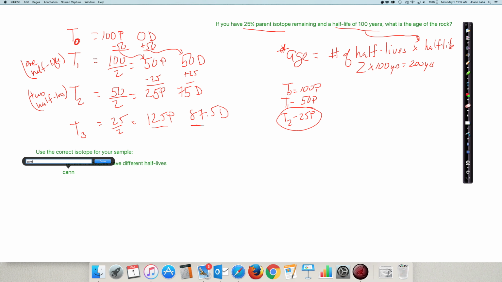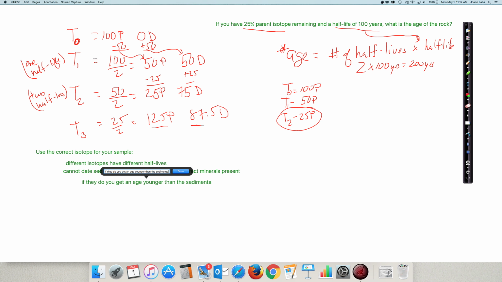Another thing is you cannot date sedimentary rocks. Sedimentary rocks do not have the correct minerals present. If they do, you get an age older than the sedimentary rock.